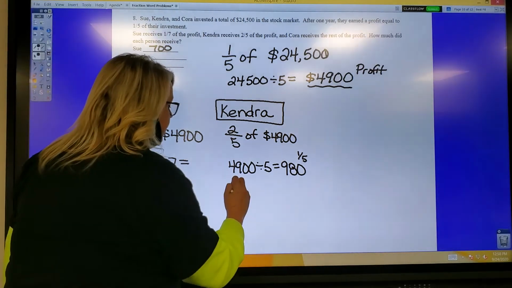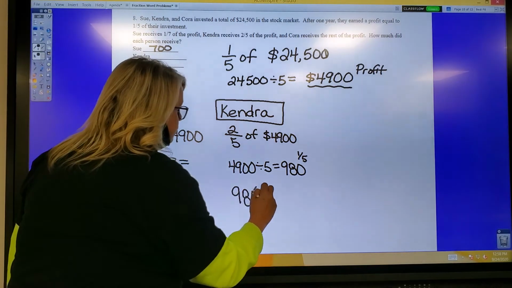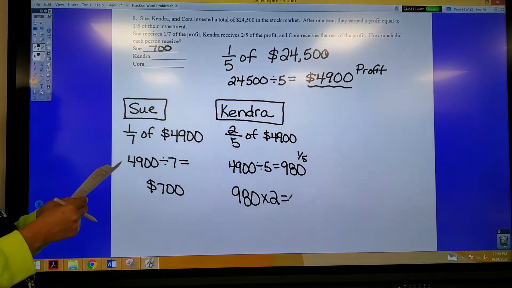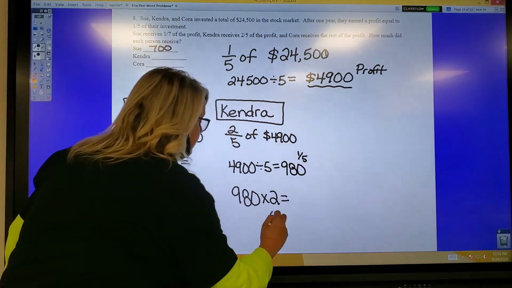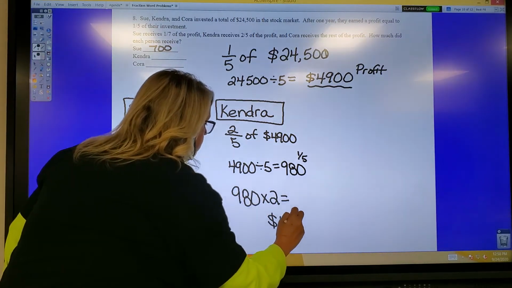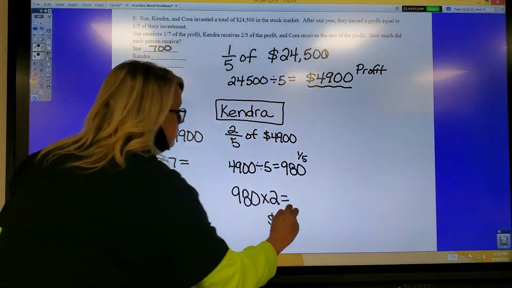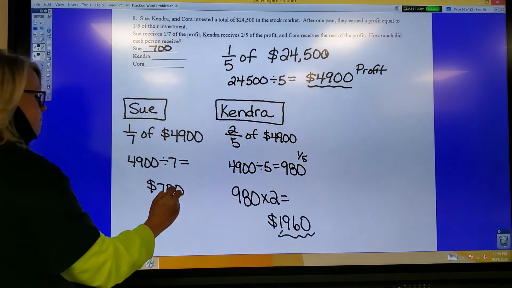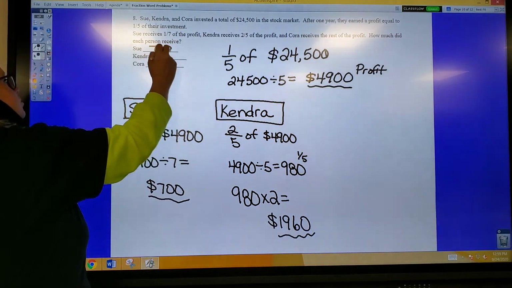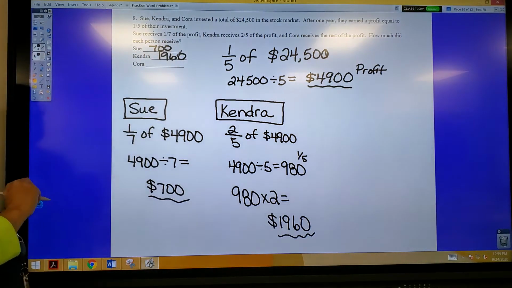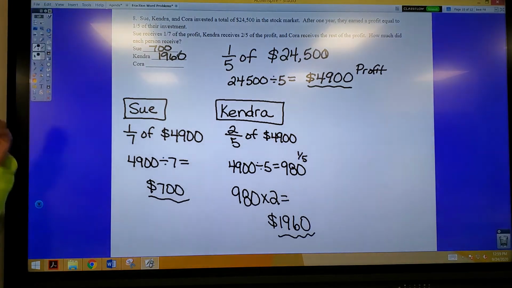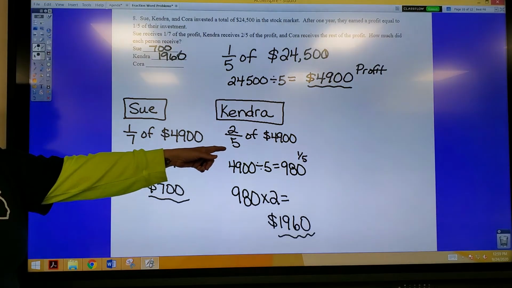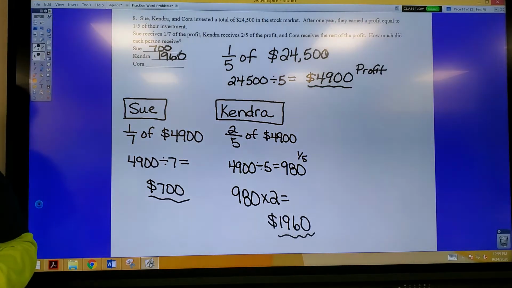So I'm going to do 980 times 2 to get my answer for Kendra, which should be 1,960. Okay, so that one was a little tricky. Please make sure you write down how you would find 2/5. First divide it, break it into 5 equal pieces, and we want 2 of those pieces.